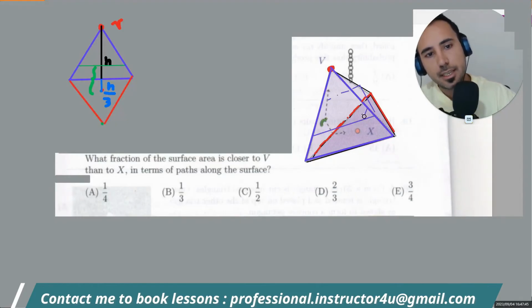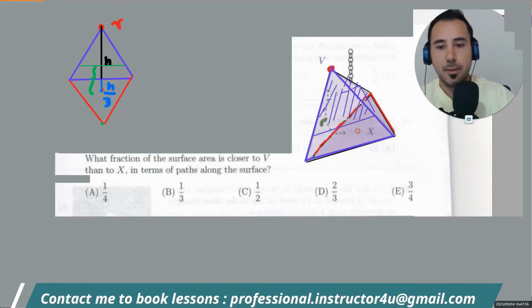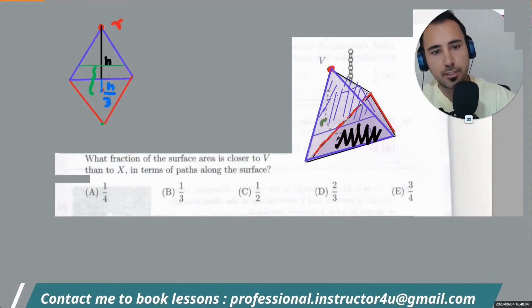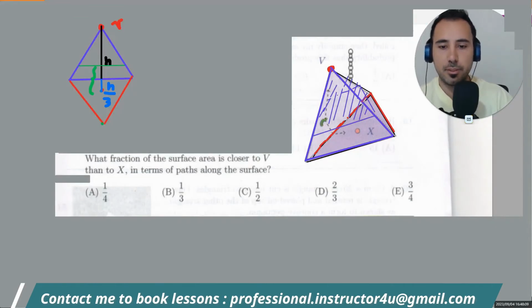If it's in this area for this one, this area for this one, at 2/3 of the height, it will go to V. So you just have to calculate this. If it's in the bottom face, it will always go to X. These areas below it are also for X. So all we have to do is find this area.